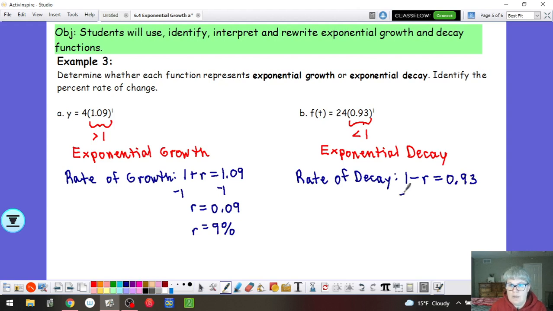So I can subtract 1 from each side again, and I'm going to have negative r equals negative 0.07. So if I divide both sides by a negative 1, I get that r is equal to 0.07, or a 7% decay.